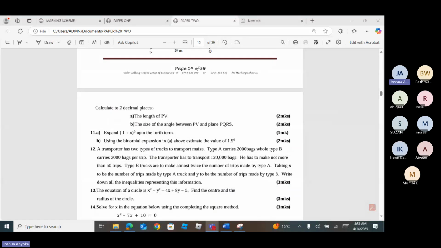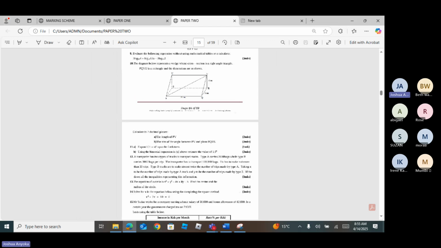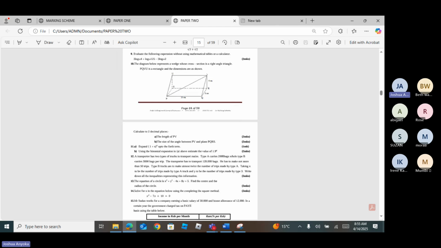Expand 1 plus x to power 6 up to the 4th term. Using the binomial expansion in A above, estimate the value of 1.9 to power 6. Okay. Let us see how it will behave.